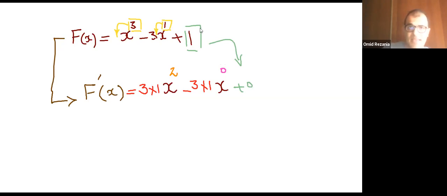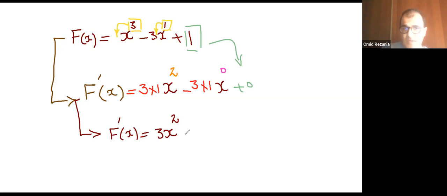Let's simplify that and see what we get. Then f prime of x equals 3 times 1, which becomes 3x to the power 2, minus 3 times 1, which becomes minus 3, x to the power what? 0. What is that? x to the power 0.